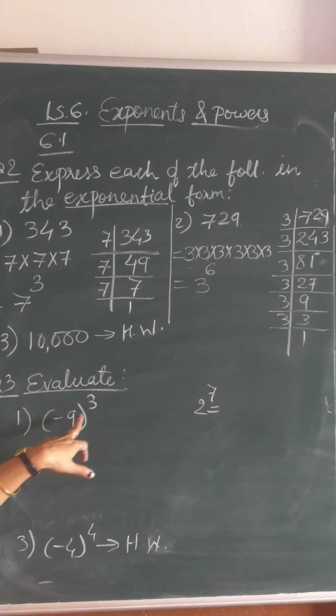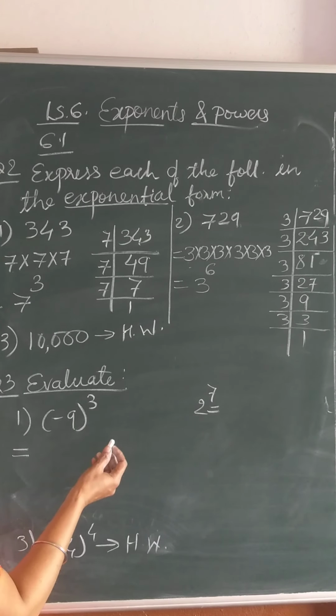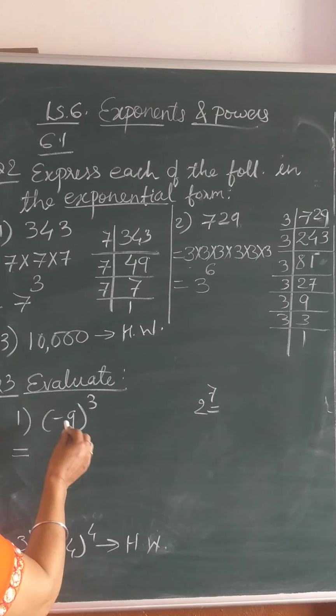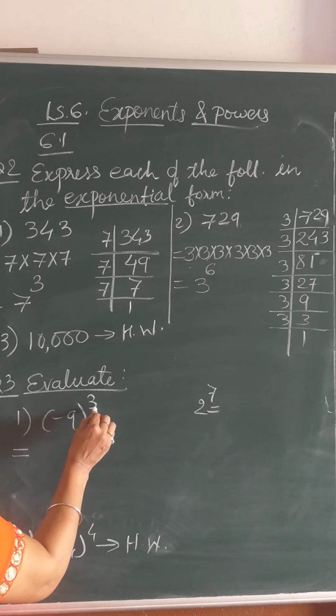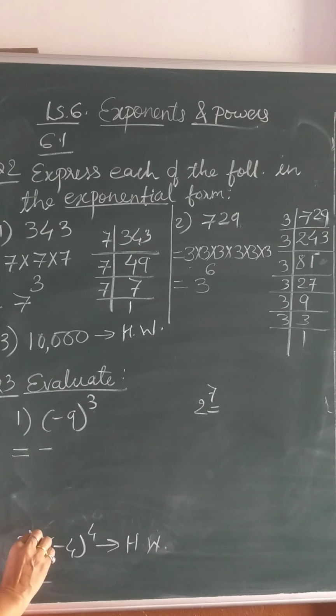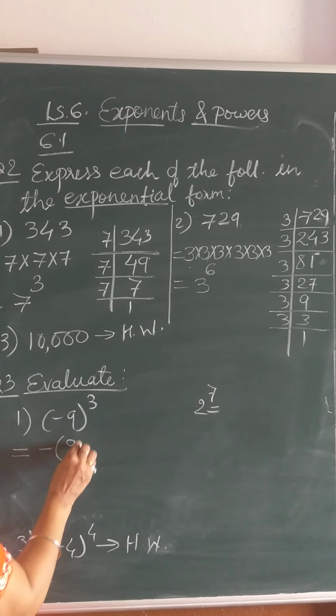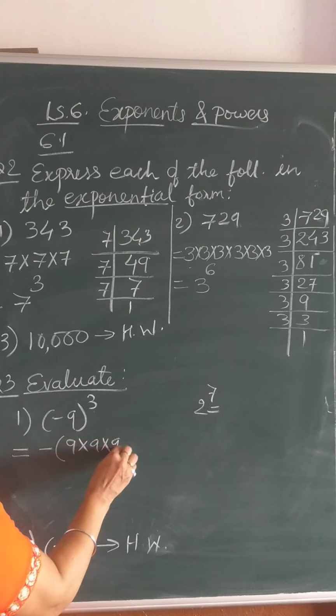Given as minus 9 raised to the power 3. So what we do, as you know, I already told you that if the minus sign is there and the power is odd, here the power is odd, so in which sign will you get the answer? Negative sign. So in this way also you can write, and now 9 into 9 into 9.